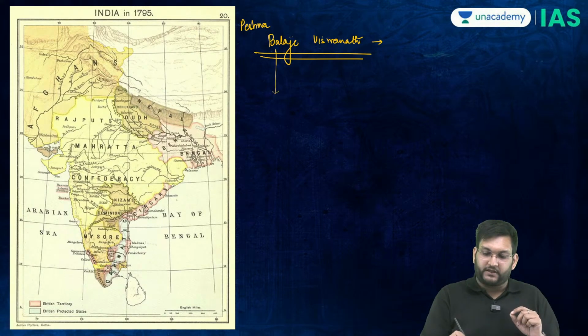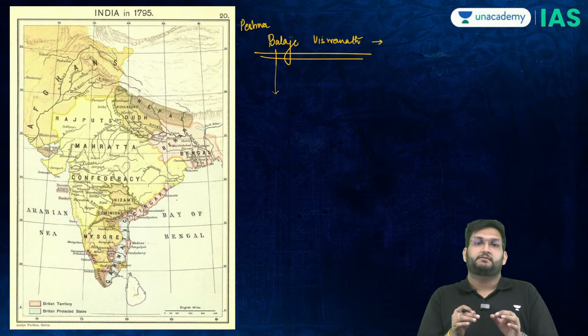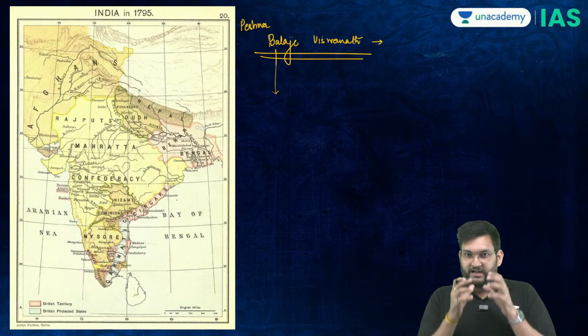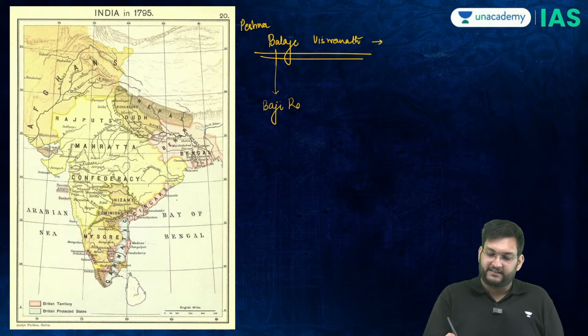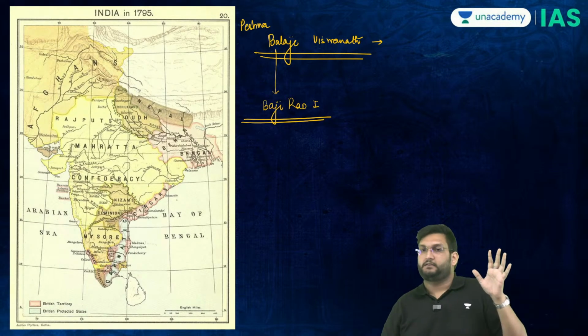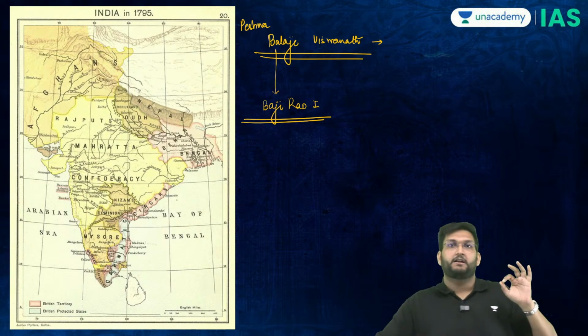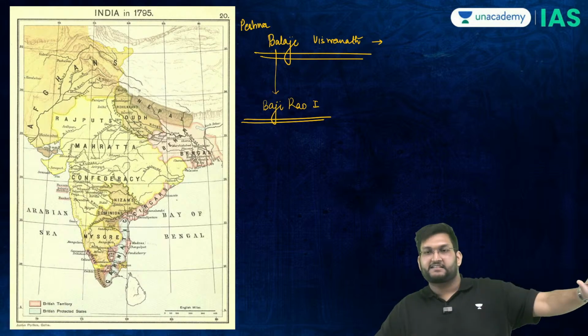But thereafter he will be succeeded by none other than a very important pillar and a very powerful personality of Maratha politics, Peshwa Bajirao I. He did not lose any battle, and was able to make the Mughals give up all of the Malwa sector and all of the Deccan sector.